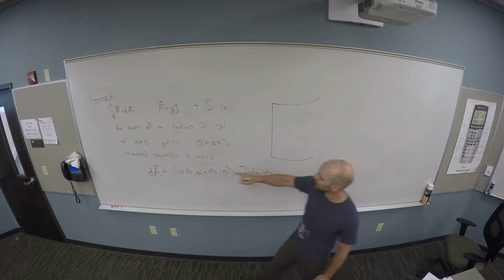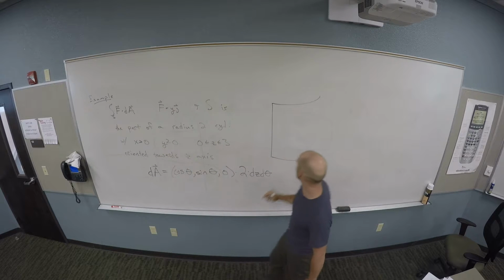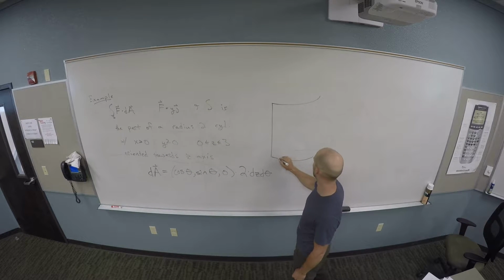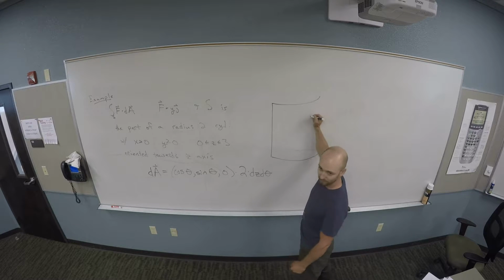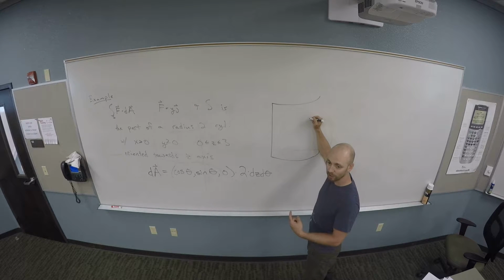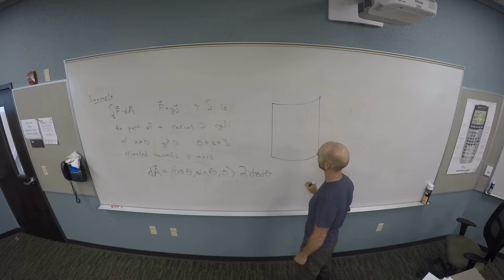And then what do these bits mean? X is bigger than 0, y is bigger than 0. That means it lives in what? I was drawing a quarter cylinder, right? Because it's only the values in the XY frame.